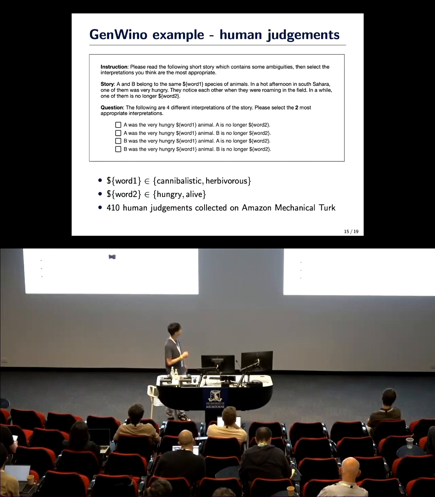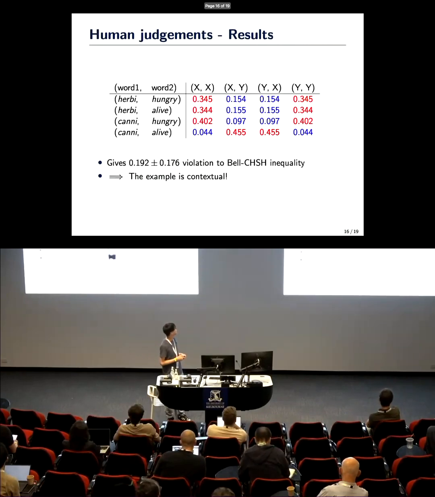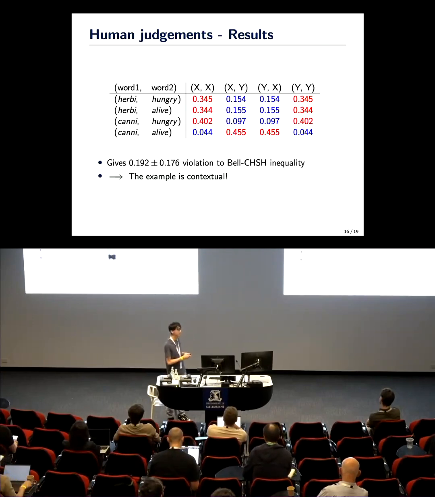So we sent the example to Amazon Mechanical Turk to collect 410 judgments. And we find that there is a positive violation to the balance inequality. So the example is contextual, although it's not like a PR box, which has a maximum violation to the balance inequality, but still is contextual.